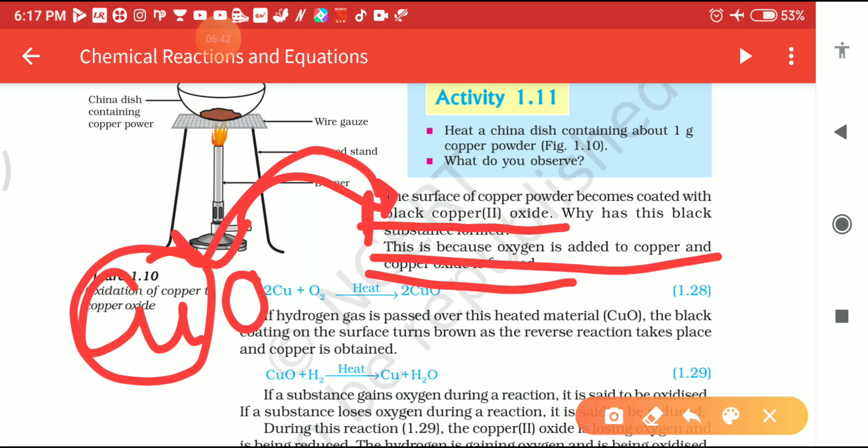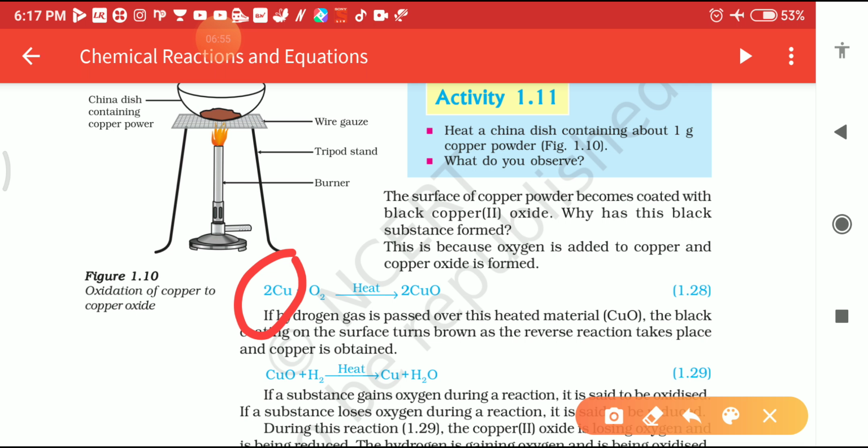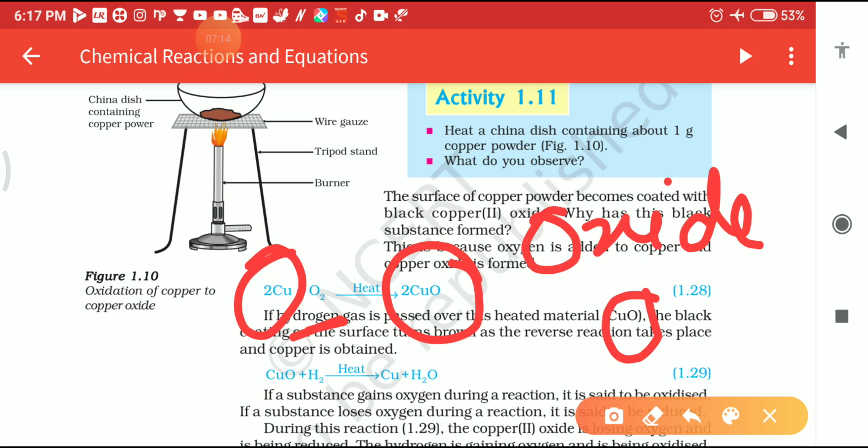This is the reaction: when we take two molecules of copper plus oxygen, that means when we heat the copper in the presence of oxygen, it gives rise to copper oxide, or copper(II) oxide. Oxide means oxygen attaches with the element here.